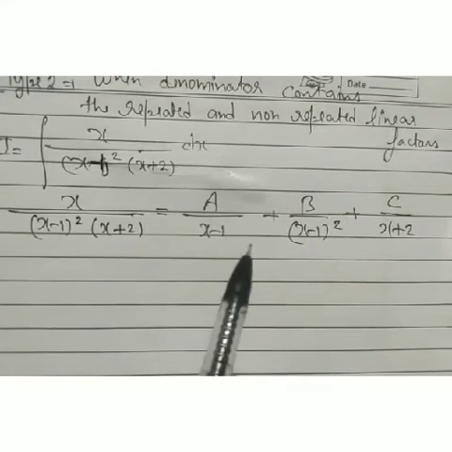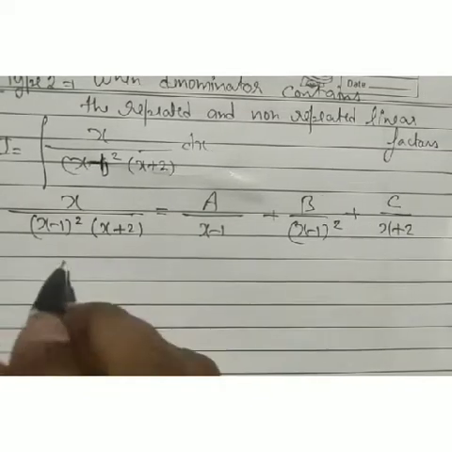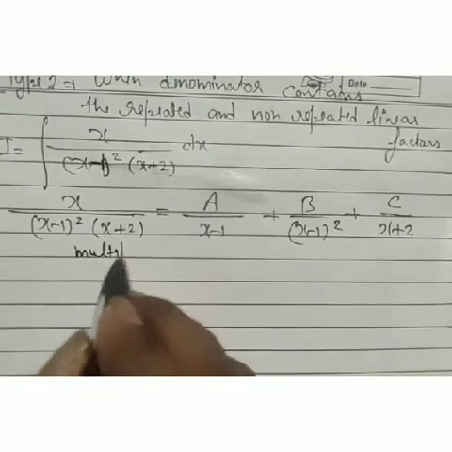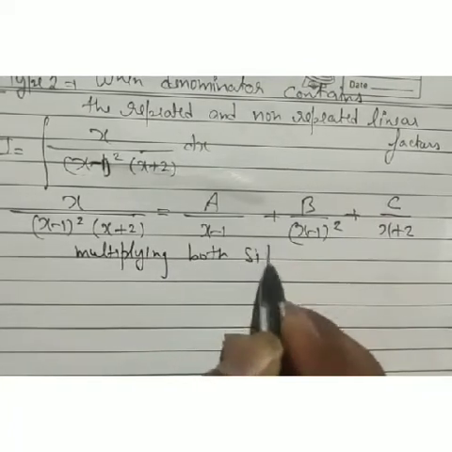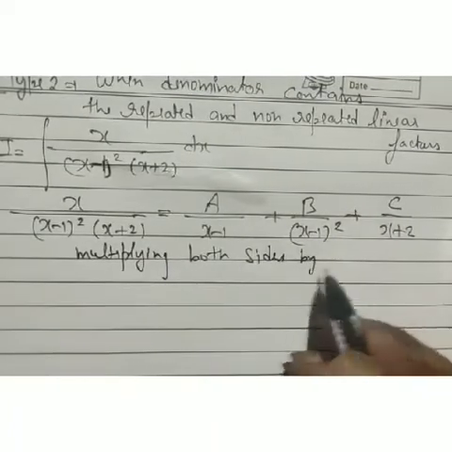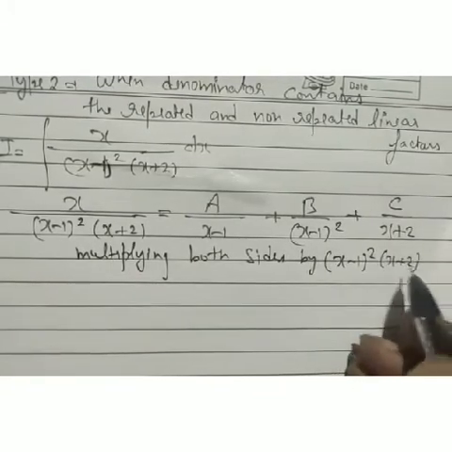What do we do? Again, its LCM is what? Its LCM is x minus 1 whole square into x plus 2, then multiplying both sides by this LCM.